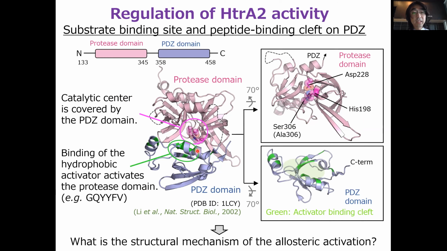Other biochemical studies have shown that a hydrophobic activator sequence, such as GQYYFP, can bind to this blue PDZ domain and then allosterically activates the protease domain. However, the structures of the activated conformation or the substrate-bound state are not available. Therefore, the structural mechanism underlying this allosteric communication has remained unclear.